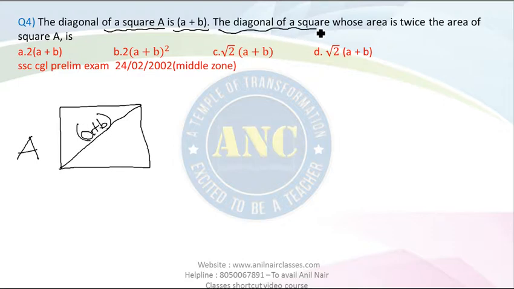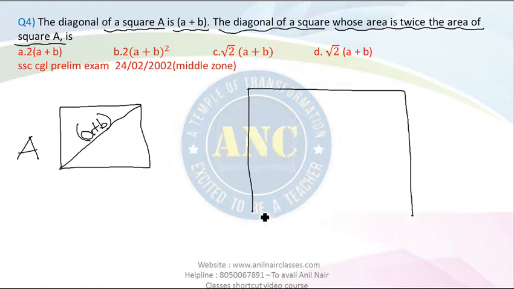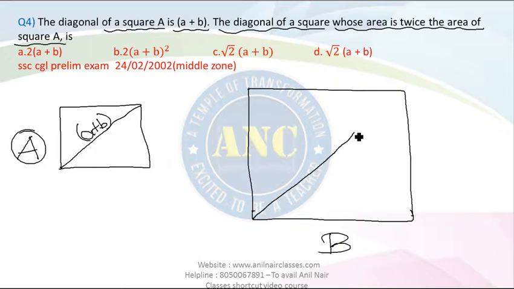The diagonal of a square whose area is twice the area of square A. That means there is another, bigger square. Let me call the square itself B. Now, this square B is double the area of square A. That means if the area is double, the diagonal will be root 2 times the old diagonal.